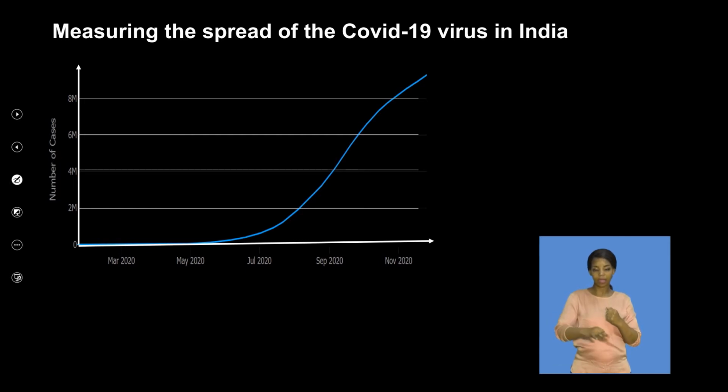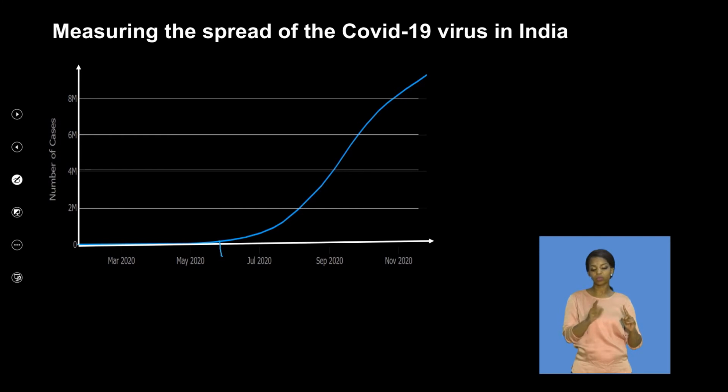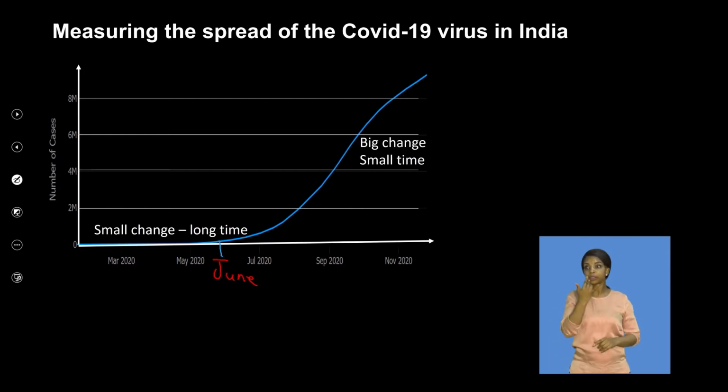Now, if you look at this, between March 2020, or between the 0 there and roughly June here, you can see that it looks like there is no growth or there is no change whatsoever. So meaning the small change over a long time.